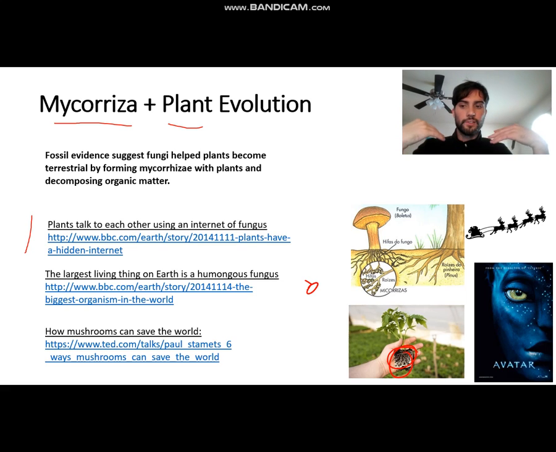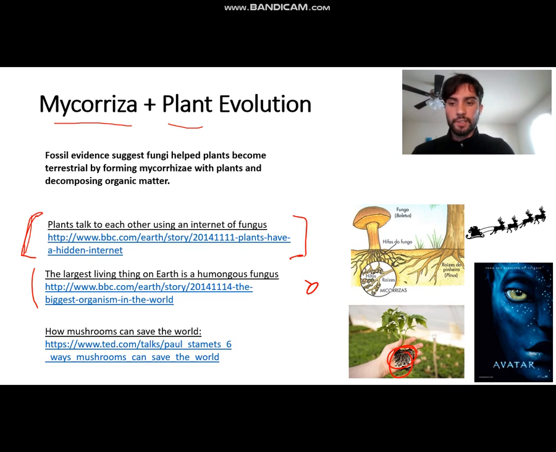So in some cases, if you go to a forest, it's most likely that all of the plants are connected by a network of underground fungi, and there are some really cool ideas about this being a sort of internet where they exchange information, be it electrical or chemical information on the environment. There are good books about that, and here there is a secondary literature. So we have BBC News. I'll give you the presentation so you can check this link.